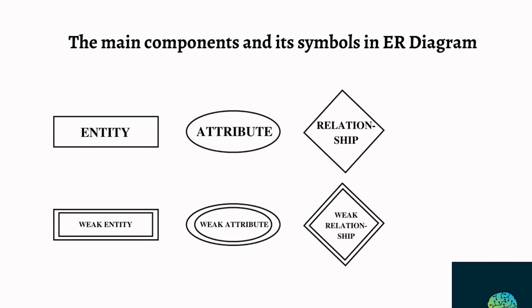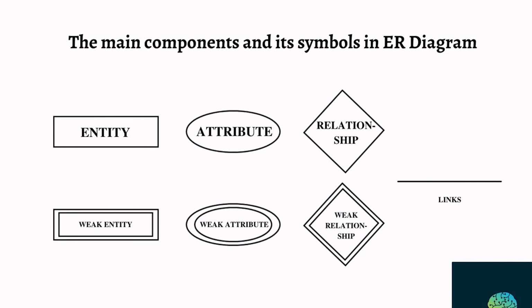Then there are diamonds. The diamonds in the ER model represent a relationship. That means what is the relationship between the two different entities. For example, a doctor entity is related to the hospital entity through his duties, and a teacher entity can be related to the student entity through the relationship of teaching.